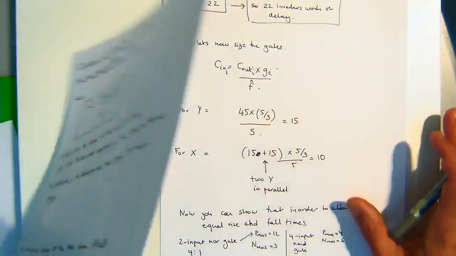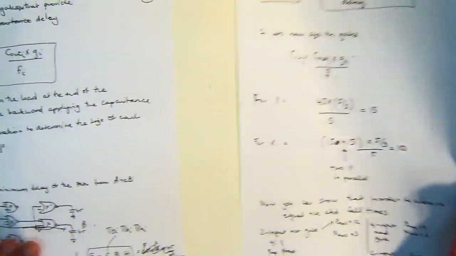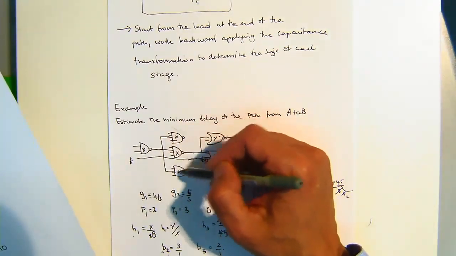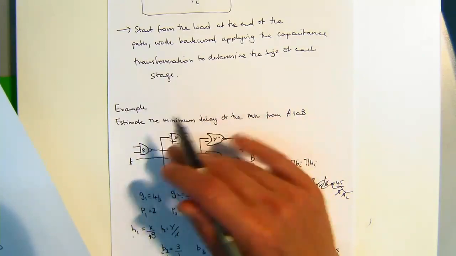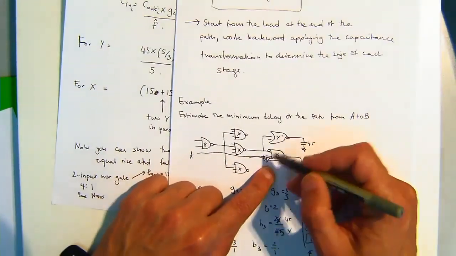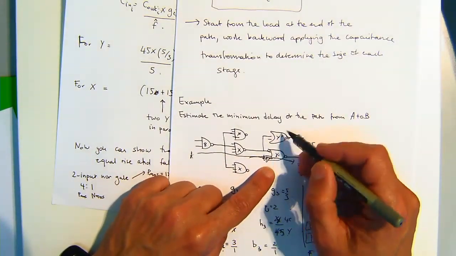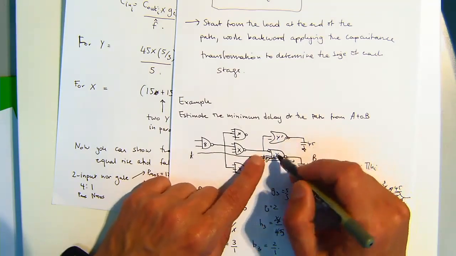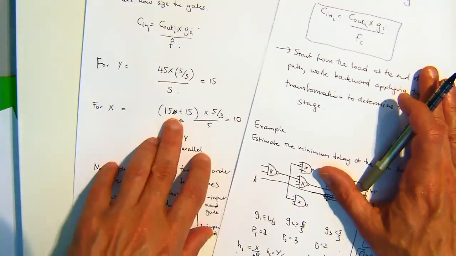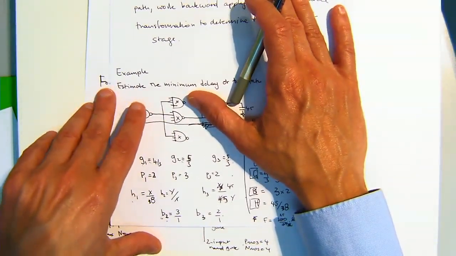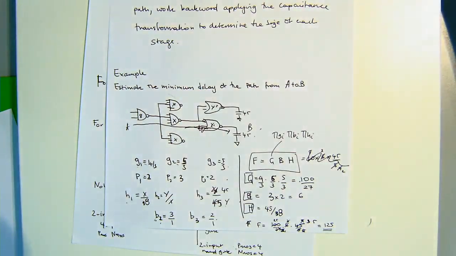Okay, let's move back one stage. How should we work out how big we should make X? Well, we know that we've got 2 Y's, and this is why I'm doing this specific example. If you only had 1, what would go here? I've got 2. What goes here? 30. That's why I'm doing this specific example for you.